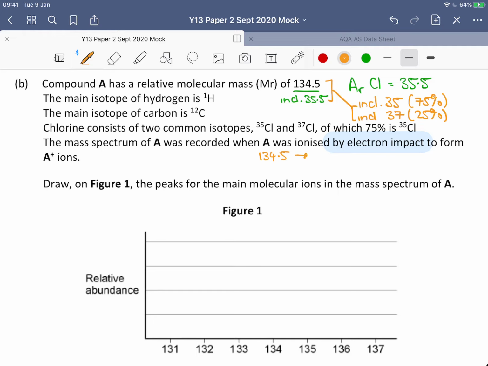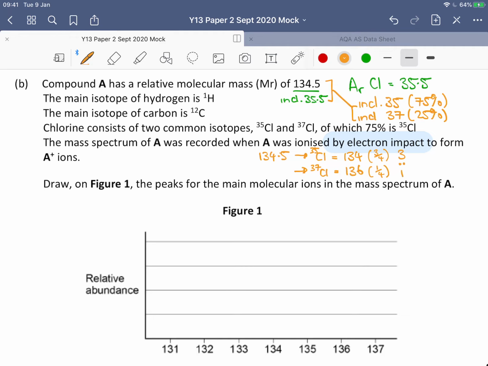If it was chlorine-35, it would equal 134, and if it was chlorine-37, it would equal 136. We know that 75% of them have chlorine-35, so that's 3/4, and 25% have chlorine-37, so that's 1/4. So that is a ratio of 3:1.